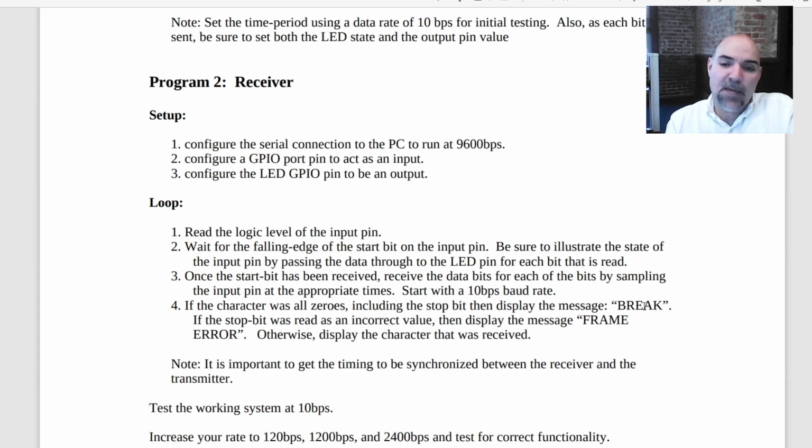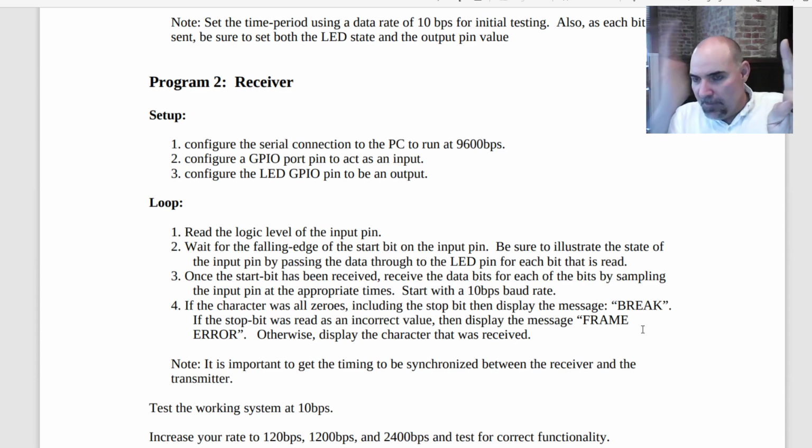But if I read the stop bit and it's 0, and the rest of the bits were not all 0, then that's a frame error, meaning something went wrong. The stop bit should have been 1 here, and it was 0. And we got other stuff before that that wasn't 0, so something went wrong. And it's called a framing error because what we'd expect at the stop bit period was not what we saw there.